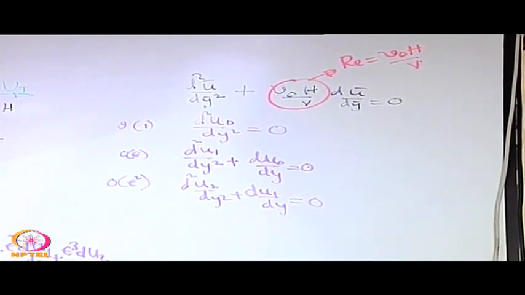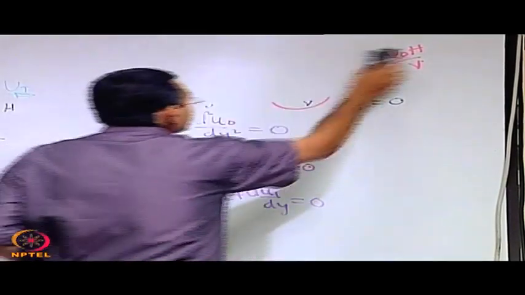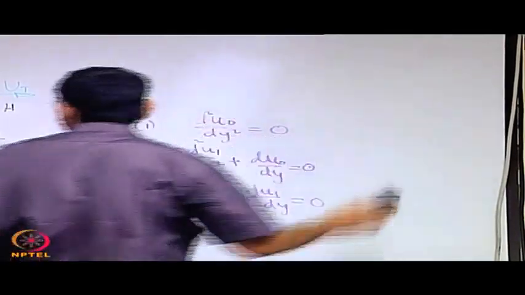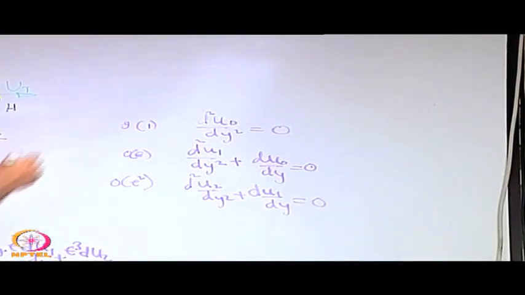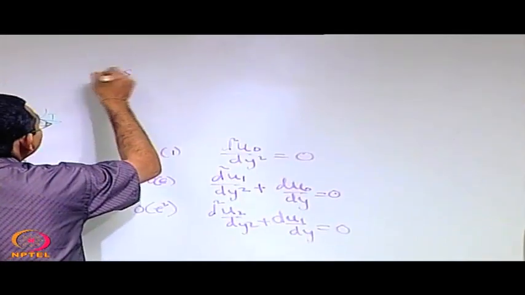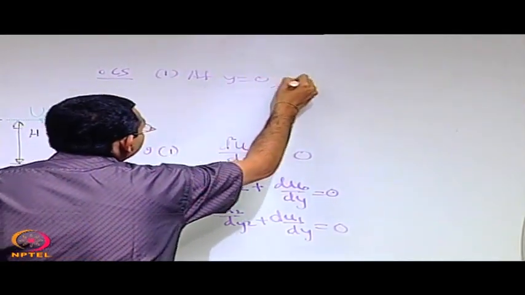Then these u0, u1, u2 should also have their own boundary conditions. So how do you assess what should be their boundary conditions? Boundary conditions are at y equal to 0, u equal to 0, right.